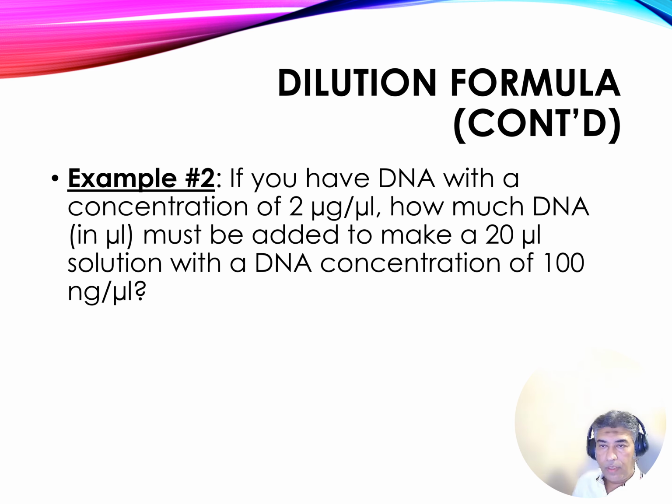In example 2, if you have DNA with a concentration of 2 micrograms per microliter, how much DNA in microliters must be added to make a 20 microliter solution with a DNA concentration of 100 nanograms per microliter? Here we will implement the similar C1V1 equals C2V2 formula.